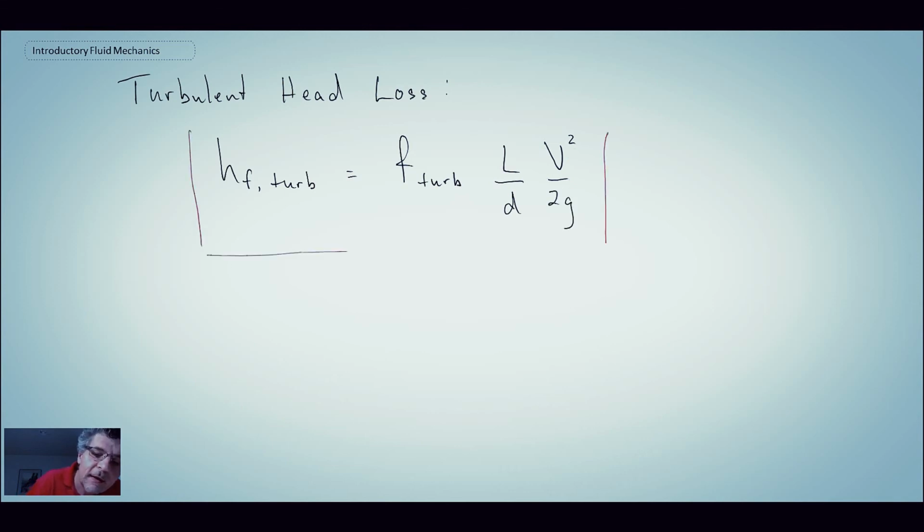Now, there is one final relationship that I want to leave you with, and this is an approximation for the friction factor that does not require the iteration due to the transcendental nature of the equation. And so this is an approximation.